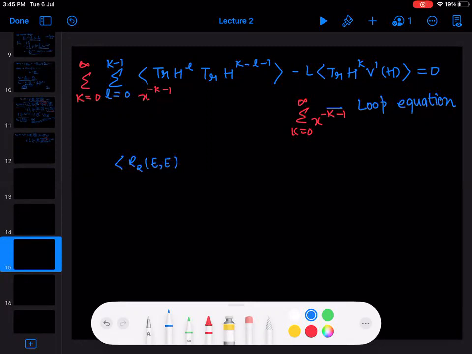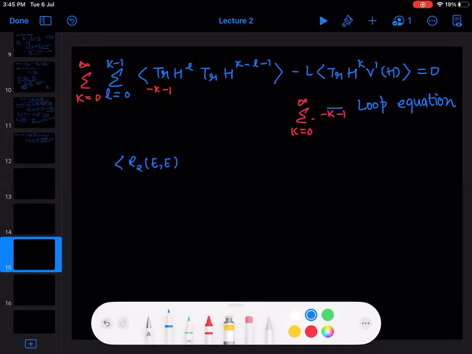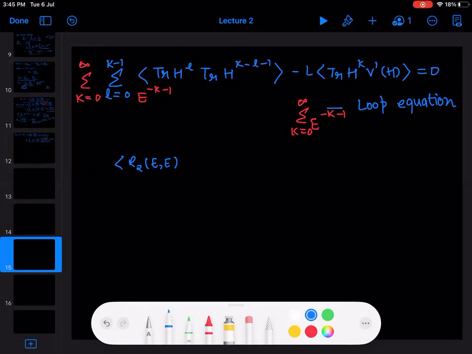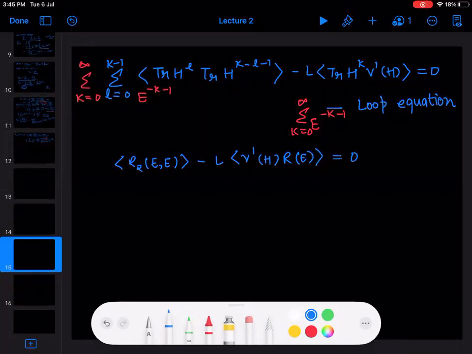I should not write x here, I should rather write E, so that the notations are consistent. This is the equation you are going to get.